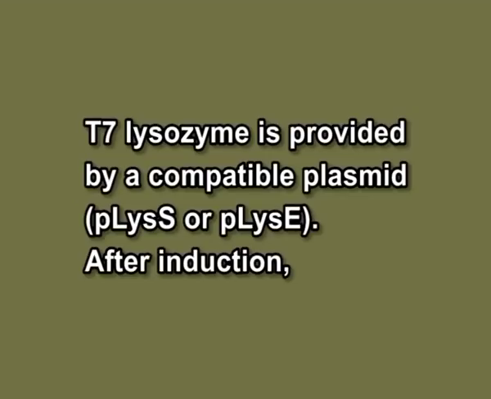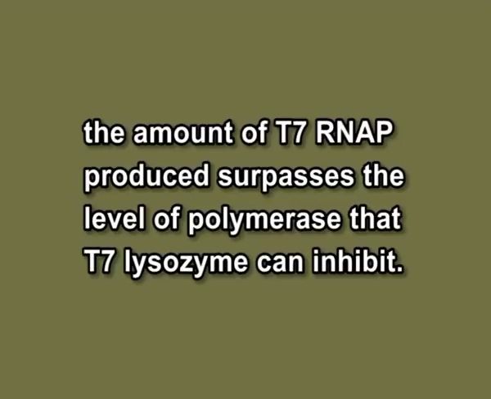T7 lysozyme is provided by compatible plasmids called pLysS or pLysE. After induction, the amount of T7 RNAP produced surpasses the level of polymerase that T7 lysozyme can inhibit. The free T7 RNAP can thus engage in transcription of the recombinant gene.